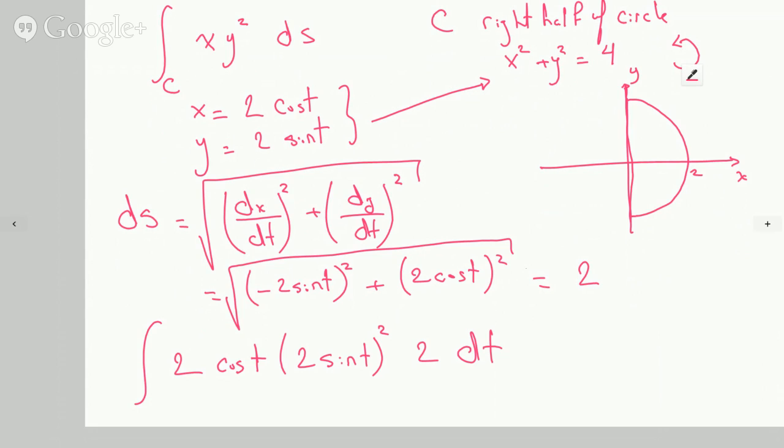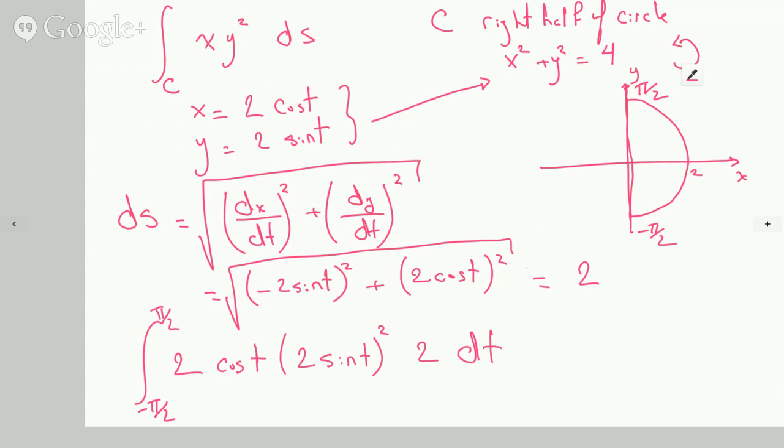And since t here represents the angle, and we have the right side of the circle, our theta, or t in this case, will go from minus pi over 2 to pi over 2, and those will be our lower bound and upper bound, respectively. Let's go ahead and evaluate this on the next page.